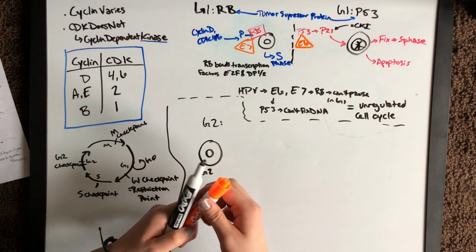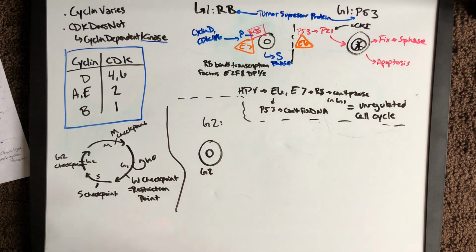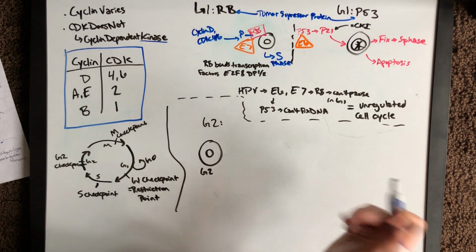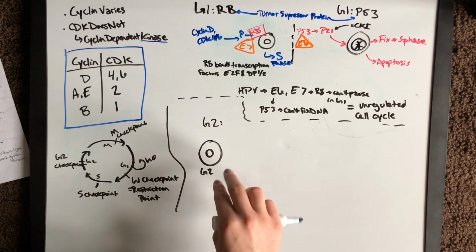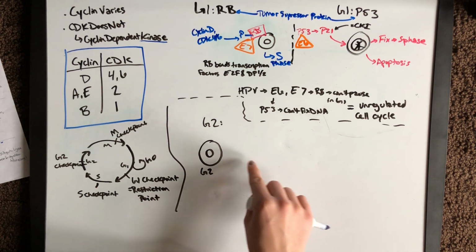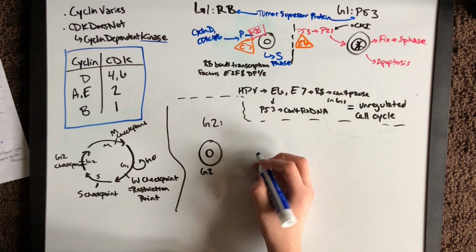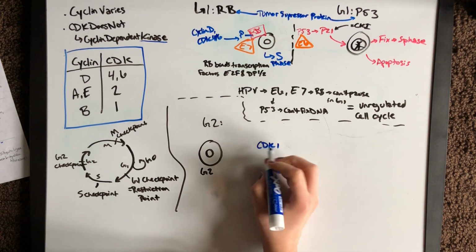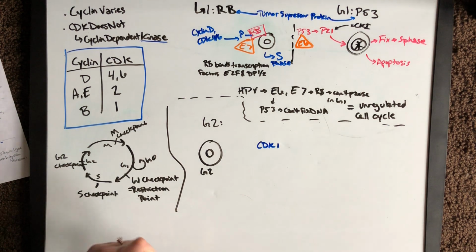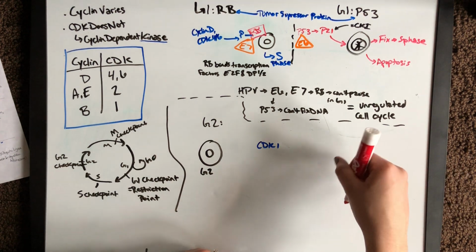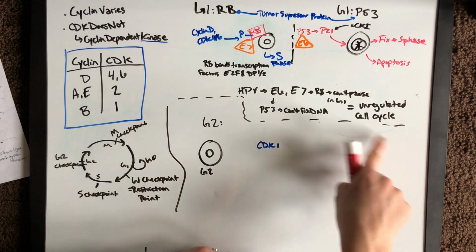So we have a CDK1, and our CDK cyclins like to let the cell go into the next phase. But in order to stop it in the G2 phase, we have to temporarily inhibit the CDK1. So we've got CDK1, and we are temporarily inhibiting it with CDK1 inhibitory phosphotyrosines is what they're called.